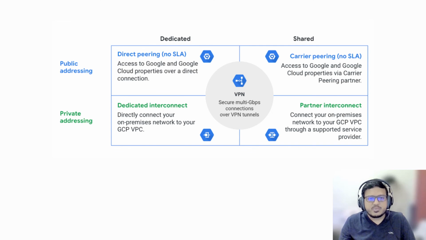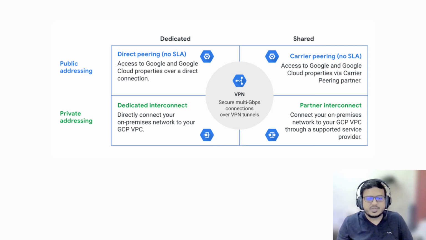The final option is Cloud Peering. Cloud Peering is actually not a Google Cloud Platform service, but you can use it to connect your network to Google's network and access services like YouTube, Drive, or GCP services. It's a common use case when you need to connect to Google but don't want to do it over the public internet.